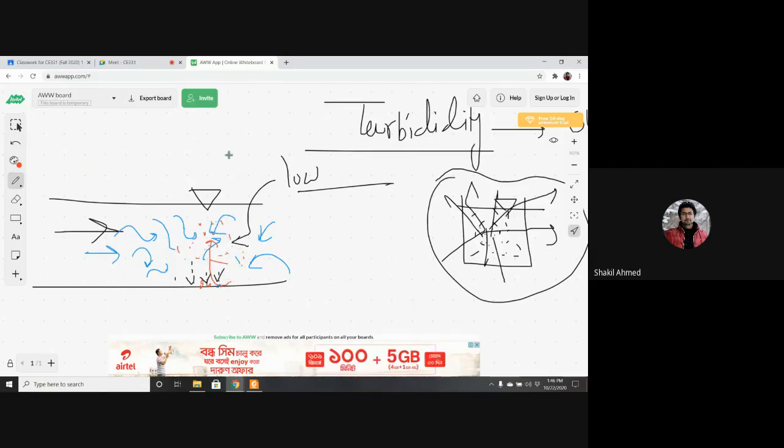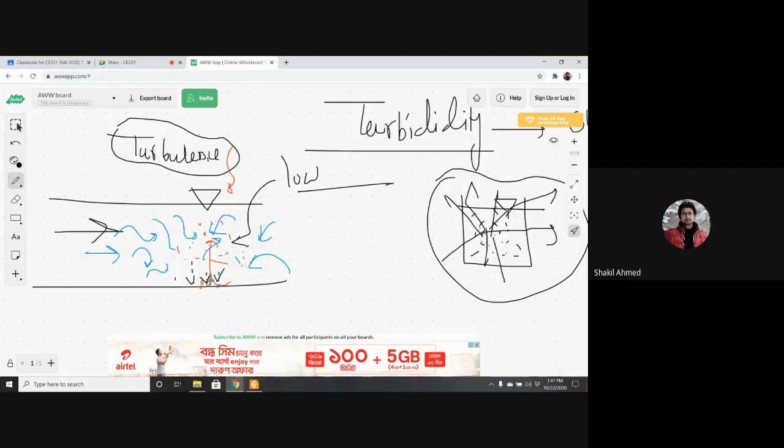So if there is high turbulence in water, you know what is turbulence, right? Turbulence means when the water is not in a static condition. Yeah, okay, erratic movement here and there.